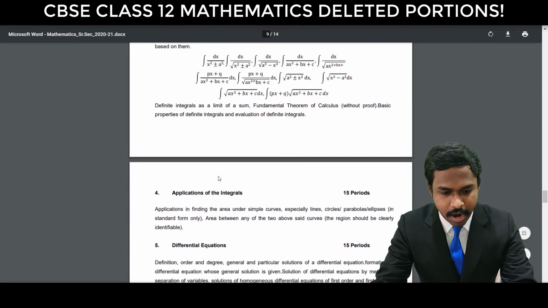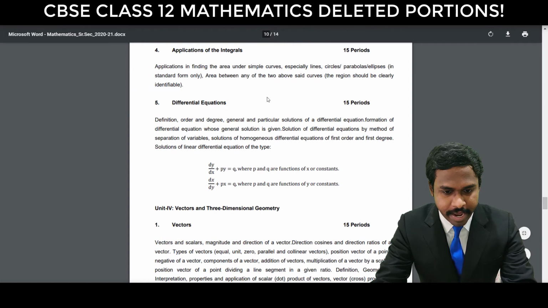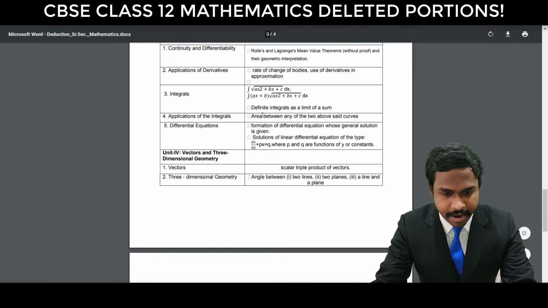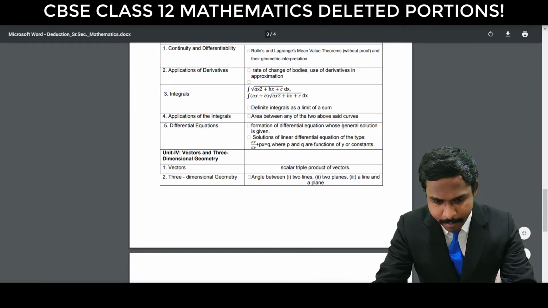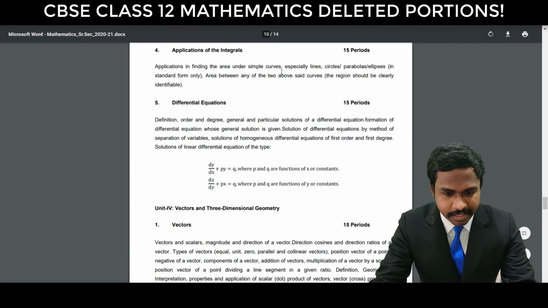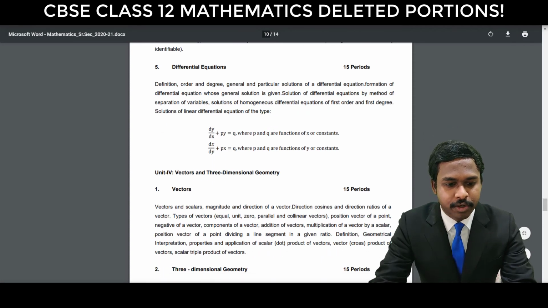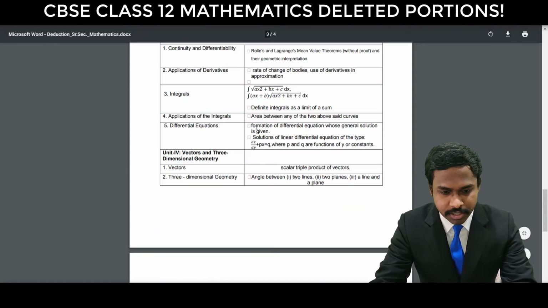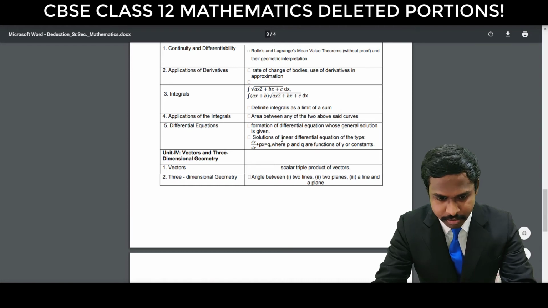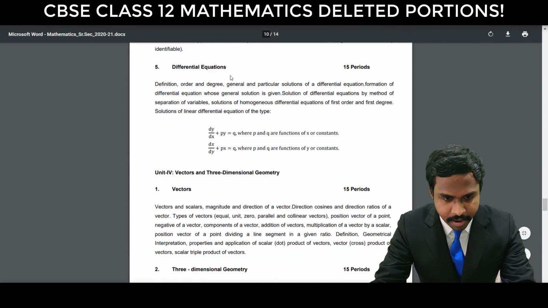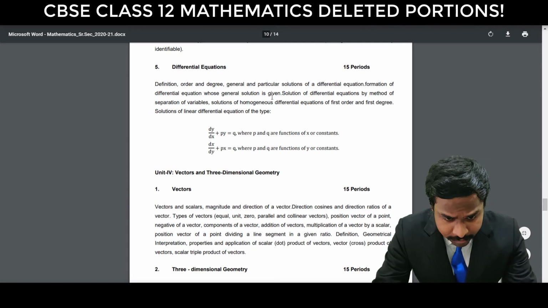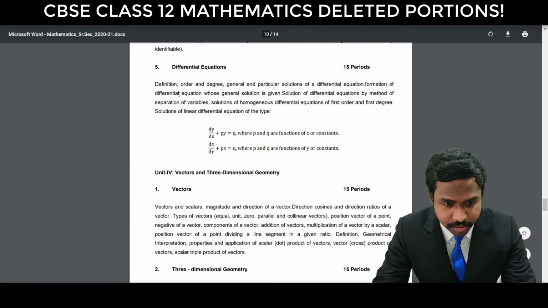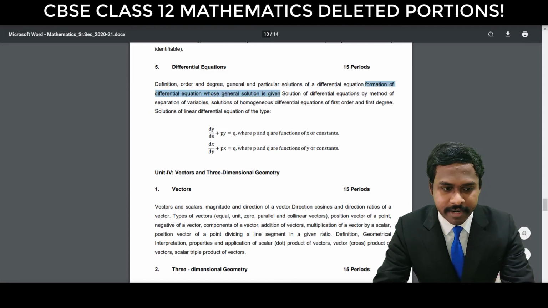And then application of integrals, in which you don't have this particular area between any of the two above-said curves. So you don't have that in any of these two above-said curves. And then you have in differential equations, formulation of differential equation whose general solution is given. That's not there. So formation of differential equation whose general solution is given is not there.